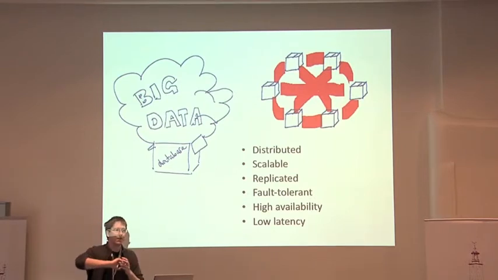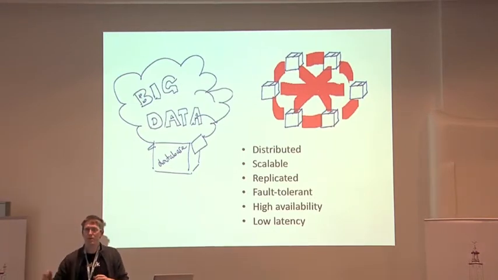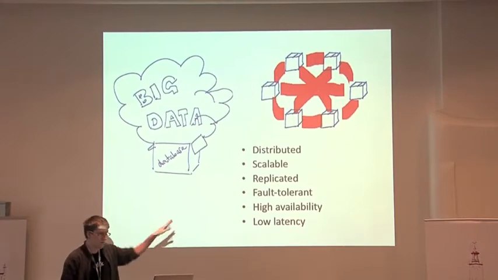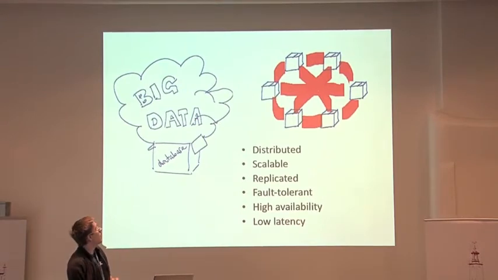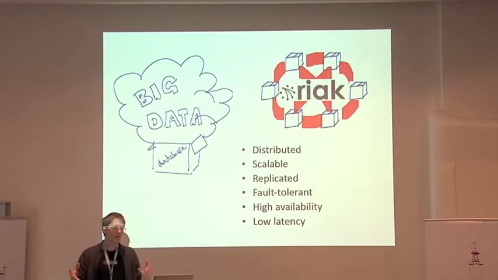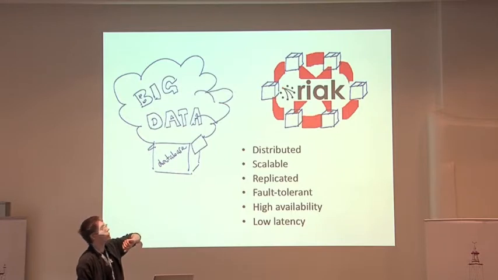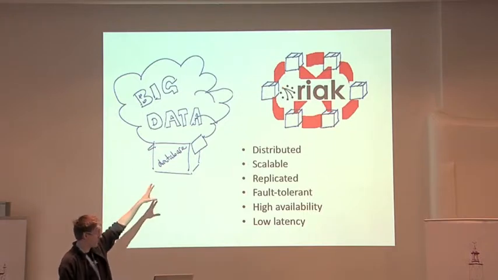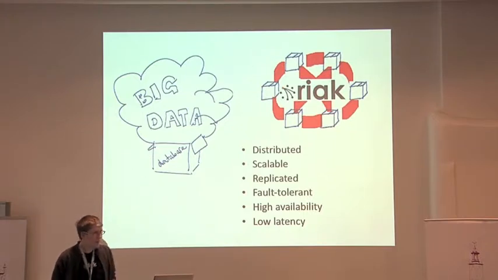If you're asking for something, you just get it from the closest machine. That's where you get the low latency bit. And one system for this is the Riak system, which is what Basho is doing, which has exactly this model.